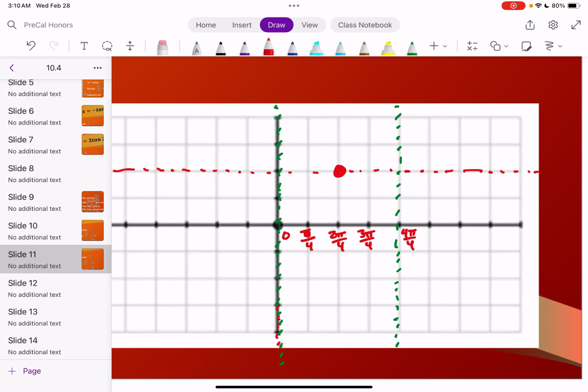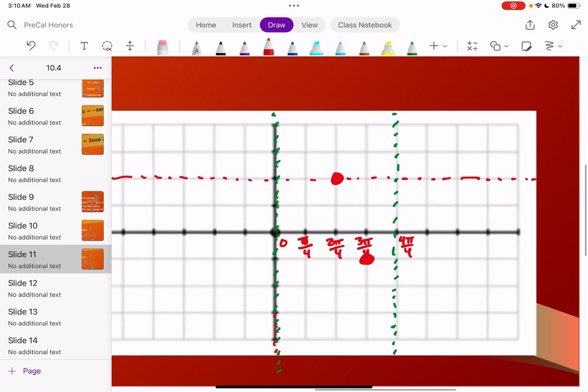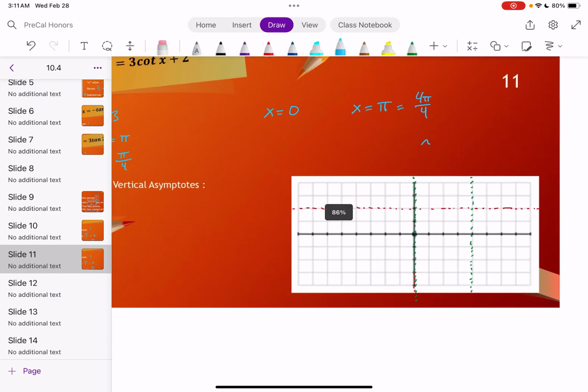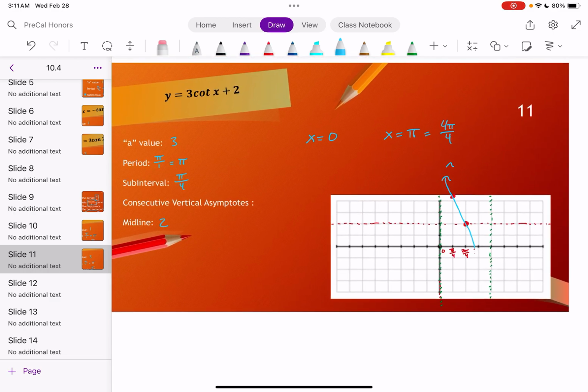So right 1, down 3. As we move left 1, we're going to increase by 3. So 1, 2, and 3. This line would move that way, and go in that direction for that problem.